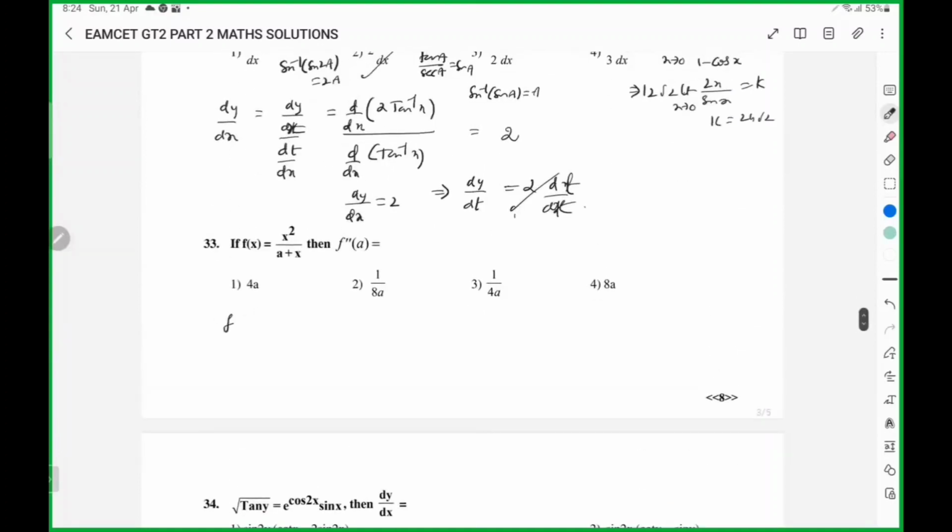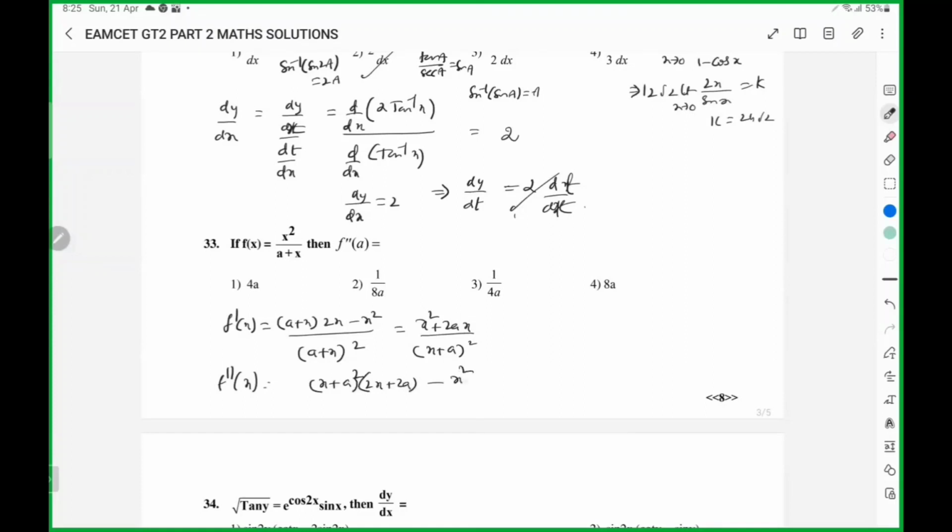Here f dash x will be a plus x into 2x minus x square by a plus x whole square, which is x square plus 2ax by x plus a whole square. F double dash x will be x plus a whole square into 2x plus 2a minus x square plus 2ax into 2 times x plus a, by x plus a whole power 4.